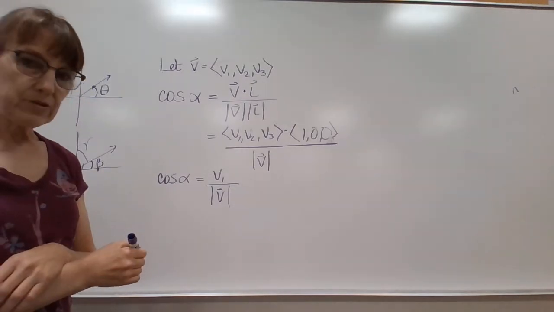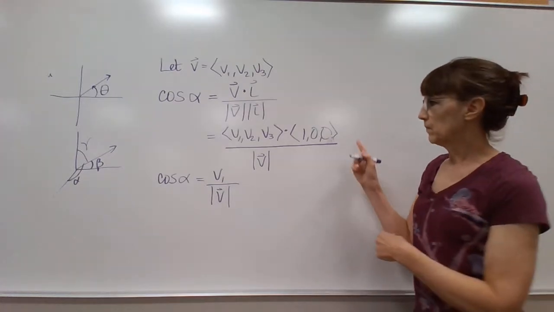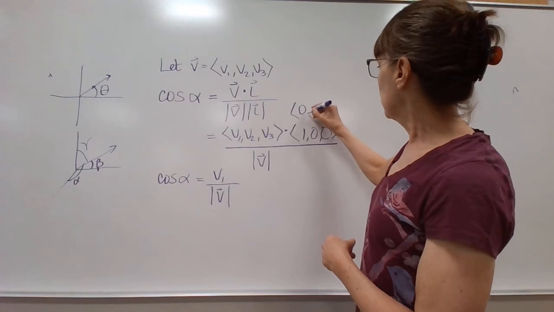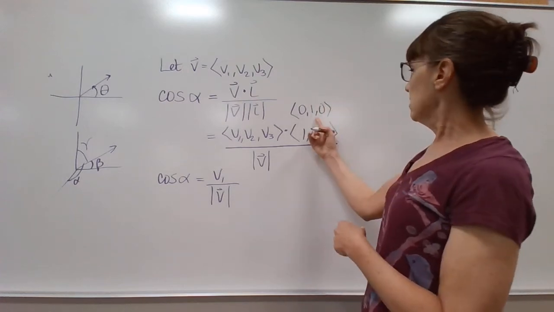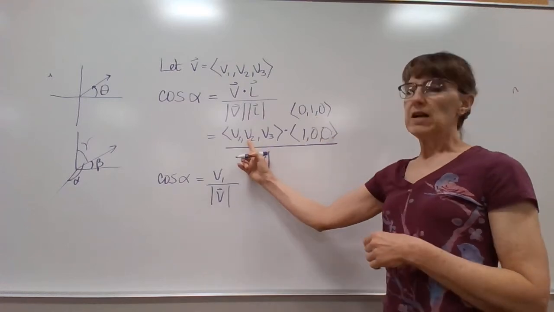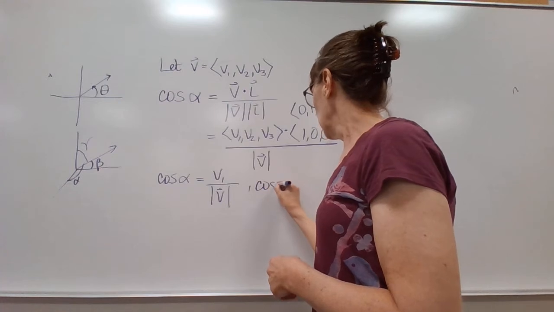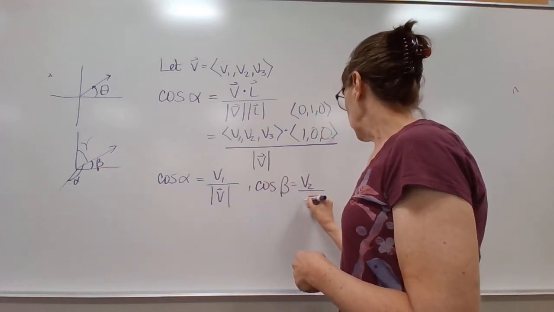You might be able to imagine what's going to happen now if I'm looking at beta. I'm going to use the standard unit vector in the direction of the y-axis, j, which is 0, 1, 0. So I'm going to have only the second component over the magnitude.